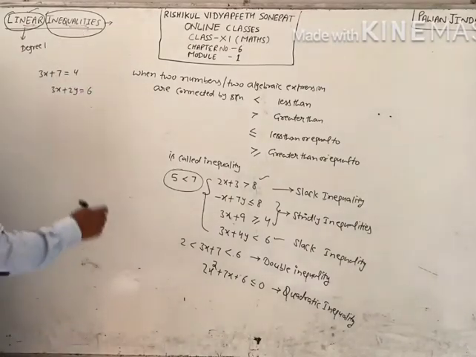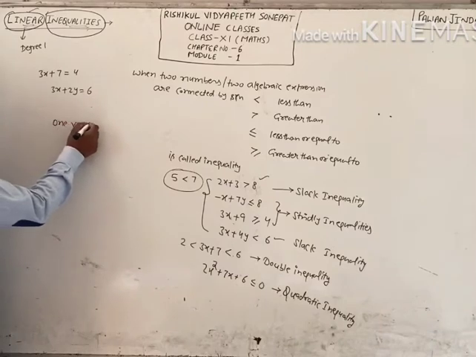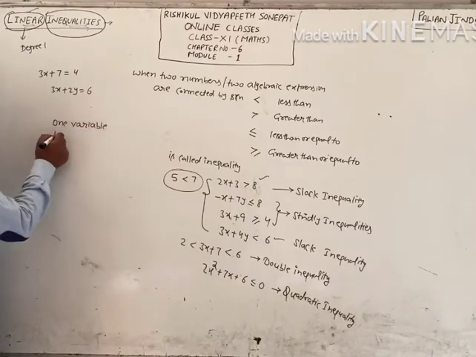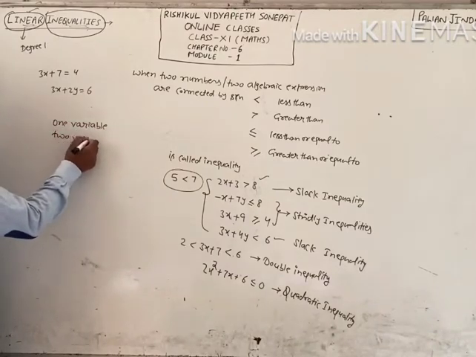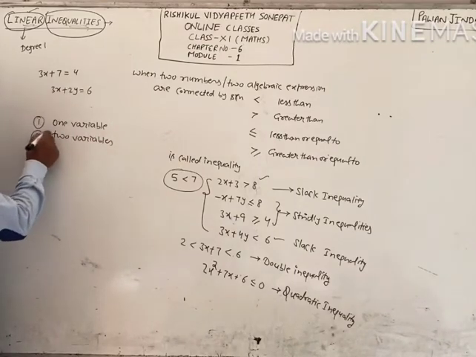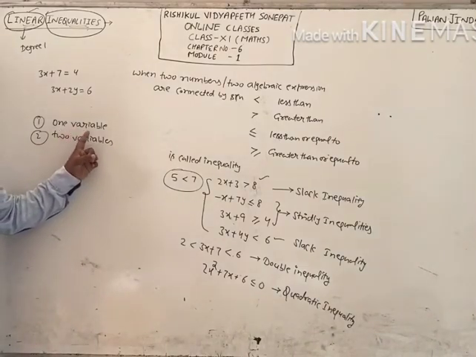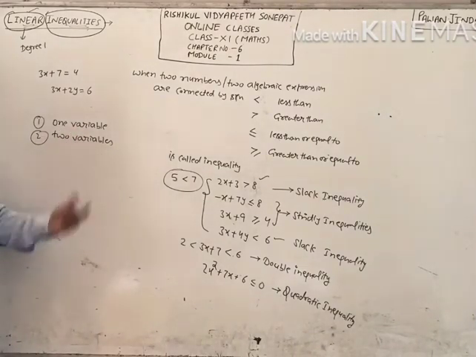And linear inequality will be in one variable and two variables. We will study these two things in this chapter.